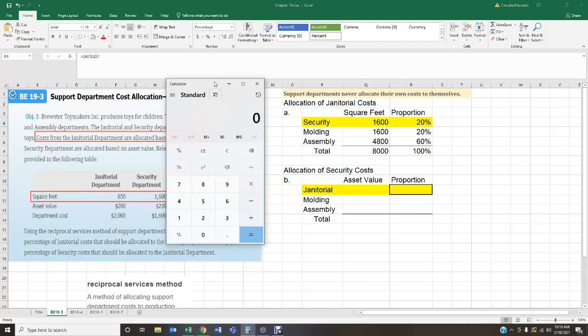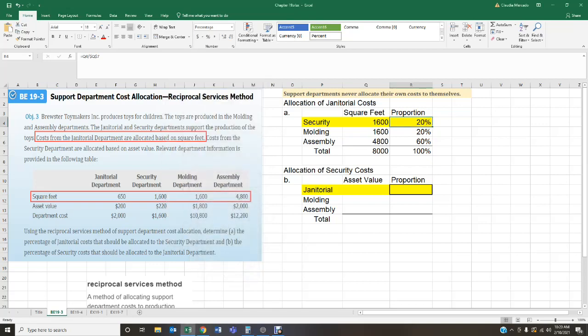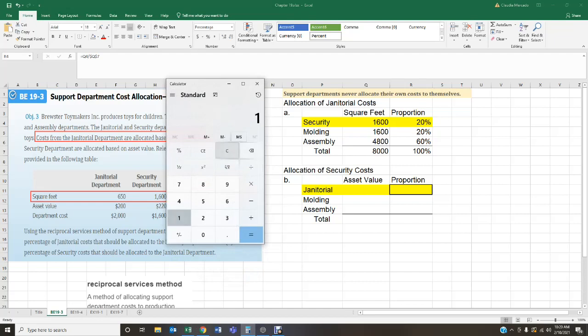So let's see what that gives us. 1,600 divided by 8,000 gives me 0.20, and if I multiply by 100, that gives me 20%. The same thing for molding: 1,600 divided by 8,000 times 100 gives me 20%. Assembly, 4,800 divided by 8,000 gives me 0.6 times 100.